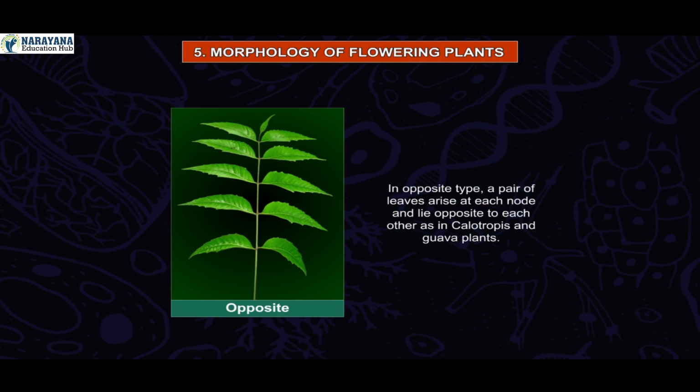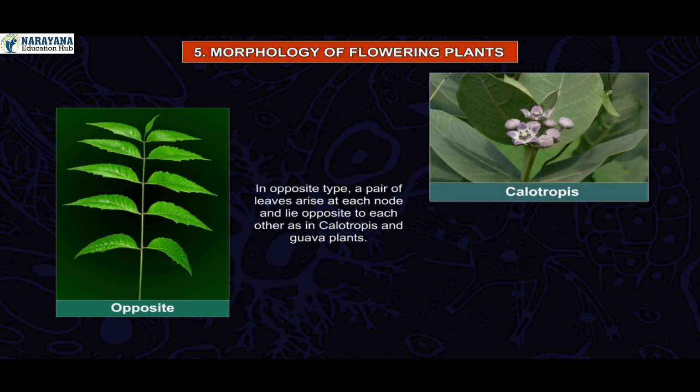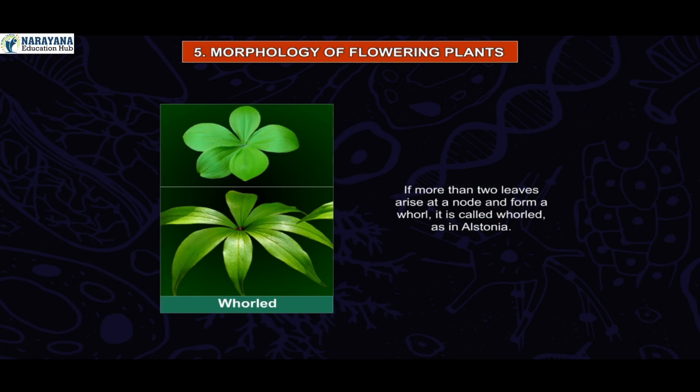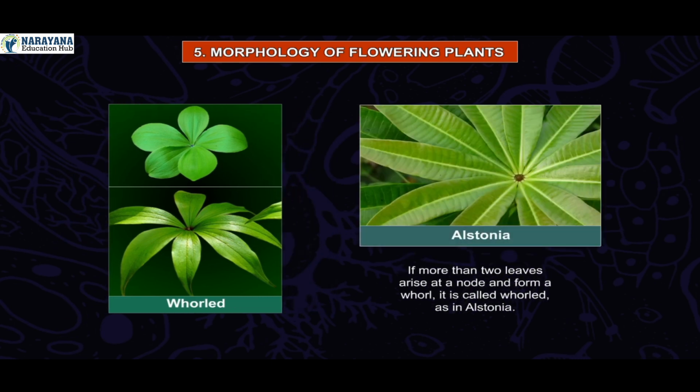In opposite type, a pair of leaves arise at each node and lie opposite to each other, as in calotropis and guava plants. If more than two leaves arise at a node and form a whorl, it is called whorled, as in Alstonia.